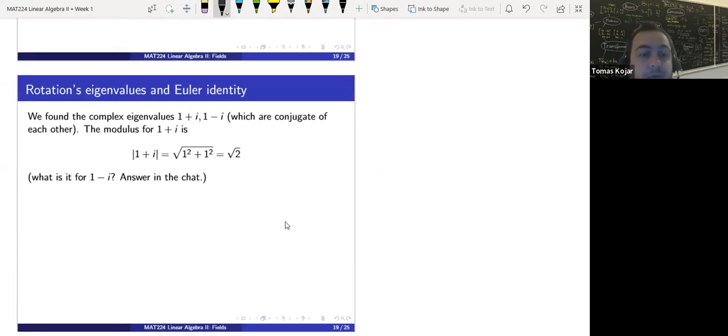You just add the squares of the real and imaginary parts, so you get square root 2. Can somebody tell me what's the modulus of 1 minus i? Yeah, okay, thank you. Perfect.